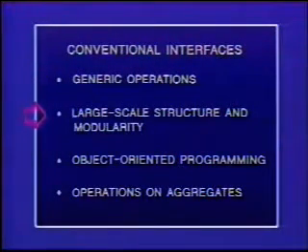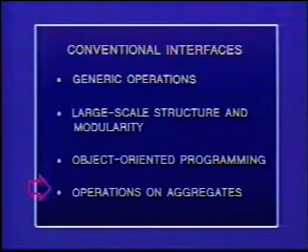Then we're going to talk about really large-scale structures. How do you put together very large programs that model the kinds of complex systems in the real world that you'd like to model? And what we're going to see is that there are two very important metaphors for putting together such systems. One is called object-oriented programming, where you sort of think of your system as a kind of society full of little things that interact by sending information between them.